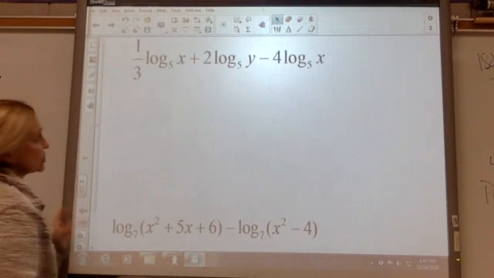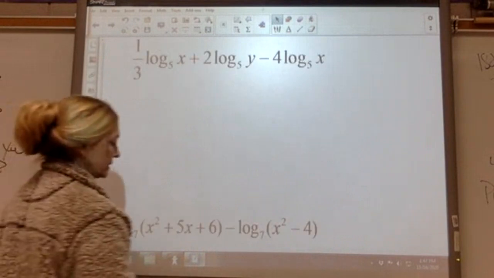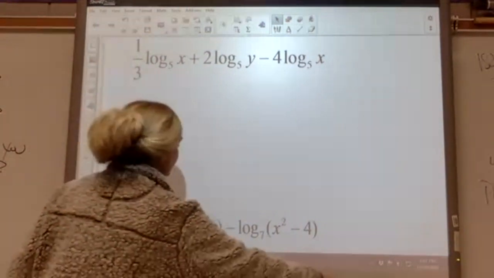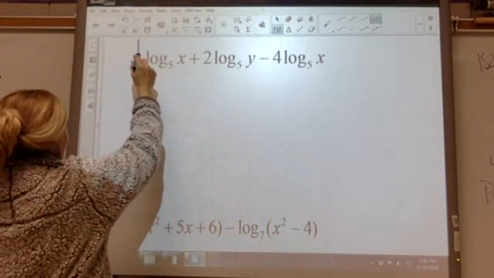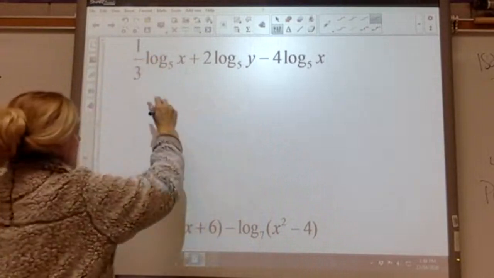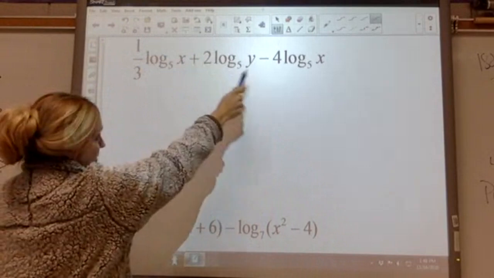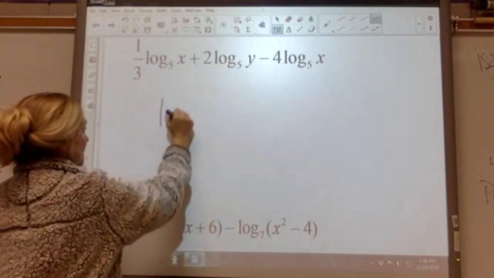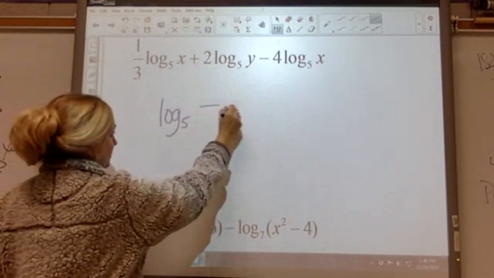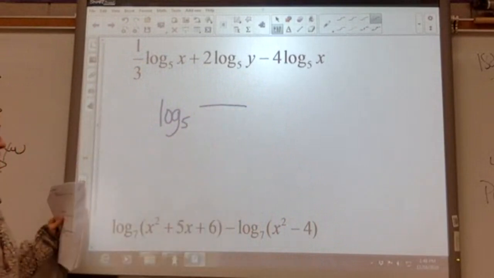All right. And then these are just some I added at the end because I usually have some questions about this. So in this problem right here, I think this is just review questions. I see a log base 5, and I have addition and subtraction. So I'm going to write log base 5 and then a division bar.